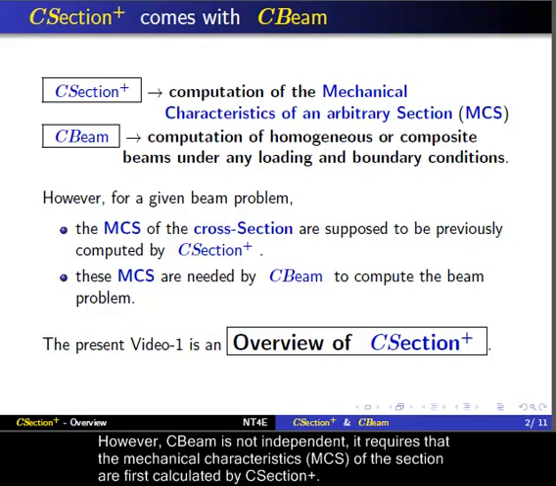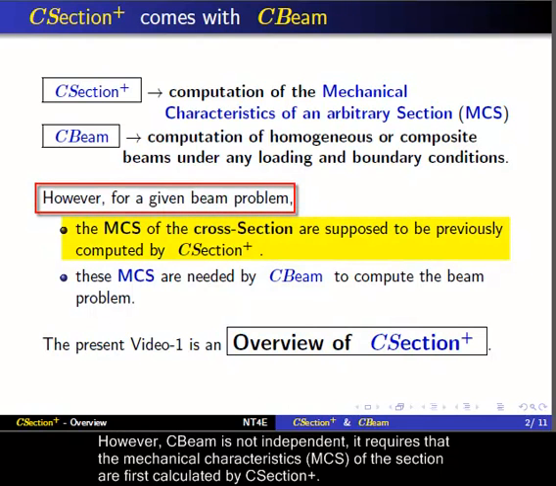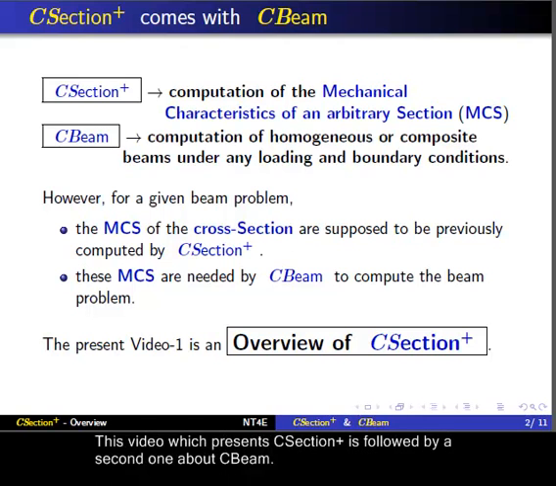However, CBeam is not independent. It requires that the mechanical characteristics of the section are first calculated by CSection Plus. This video, which presents CSection Plus, is followed by a second one about CBeam.